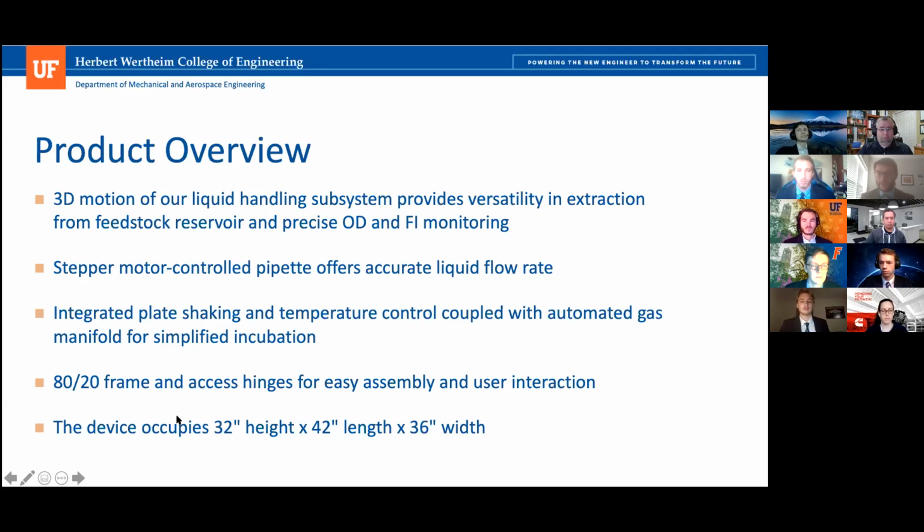That arm has a pipette on it that is controlled by a stepper motor. And we've run calculations on that, which we will get into once we discuss later. But we feel confident that it can offer an accurate and precise dispension of liquid or cells or whatever we're using.